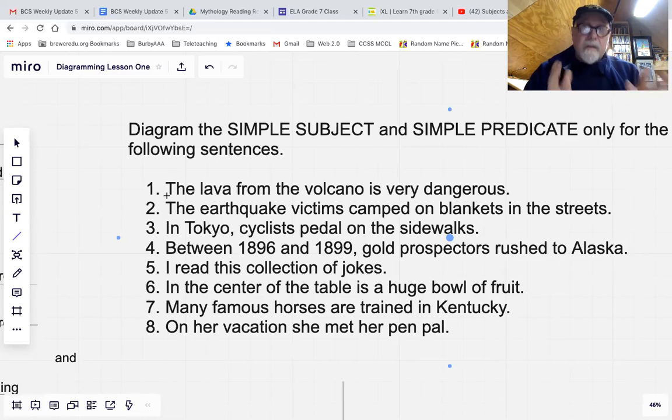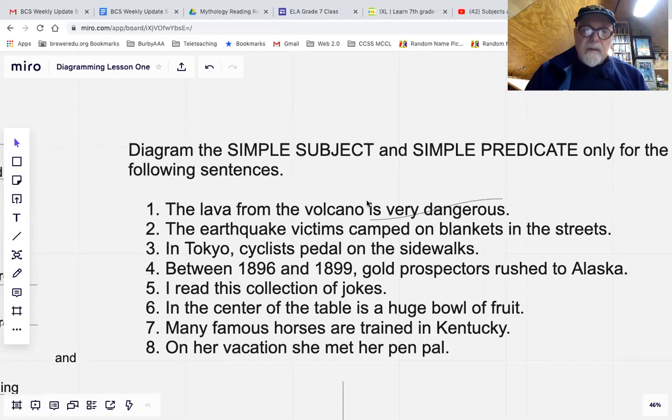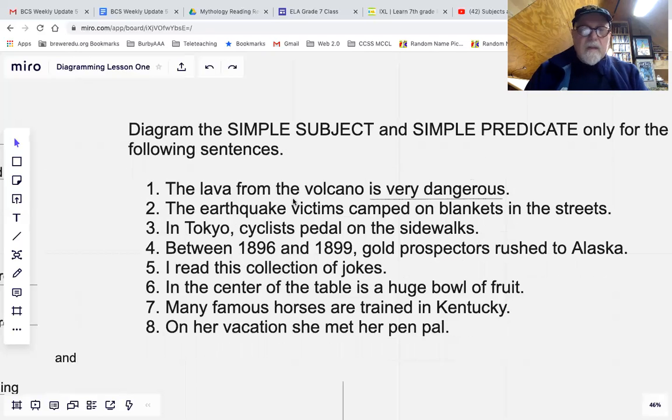Whenever you see 'is,' it's in the predicate. Is very dangerous describes what something is. So that's the predicate, and then we have the subject over here, the lava from the volcano.